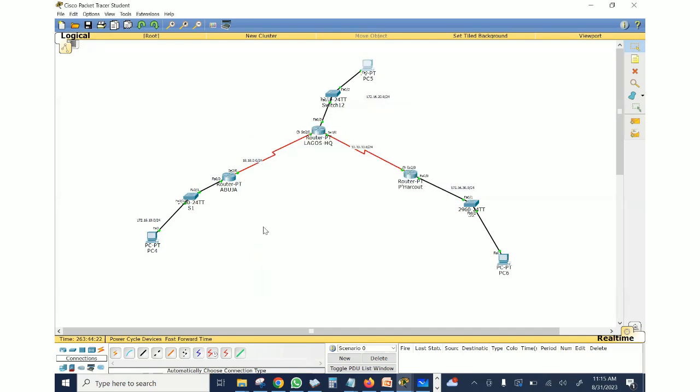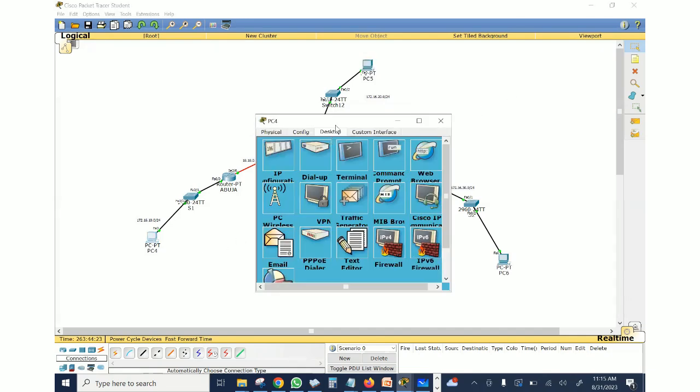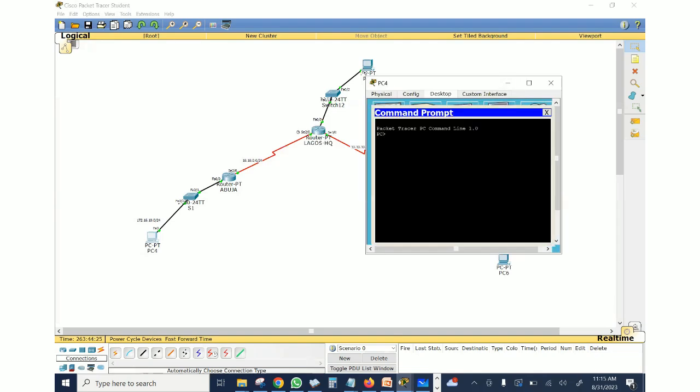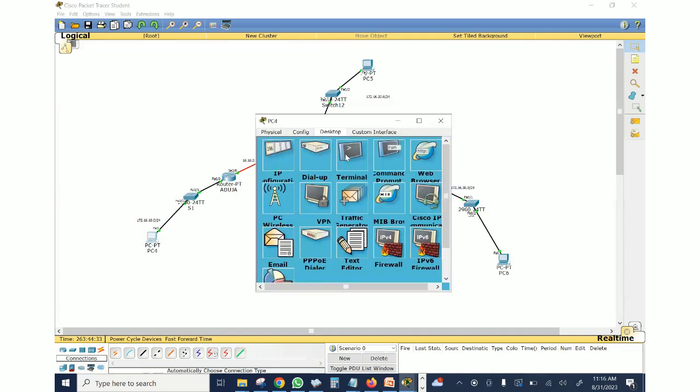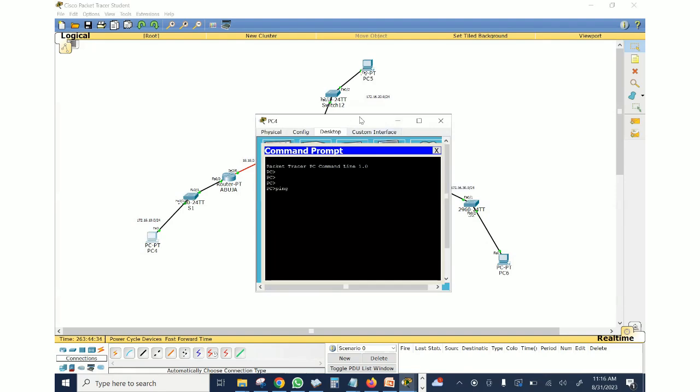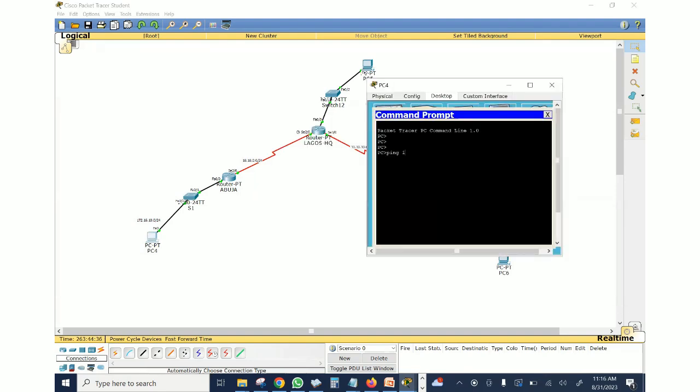Yeah. So let's test. Let's ping our default gateway from this host on the Abuja LAN, so that we know what we are doing.